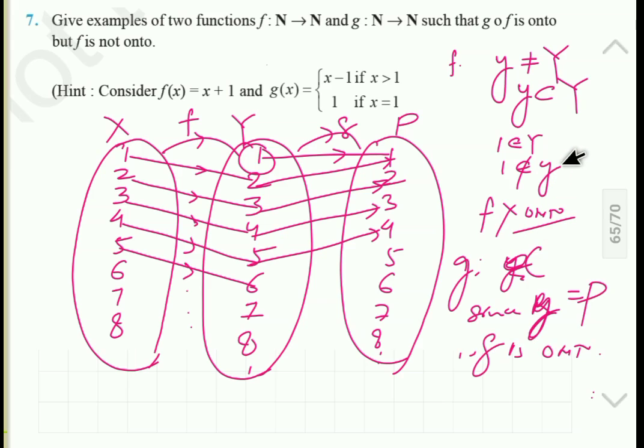So we have seen that function f is not onto, but g is onto.